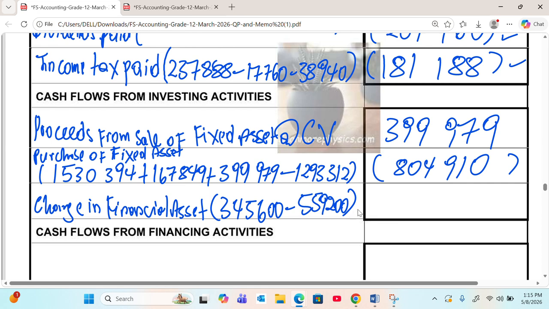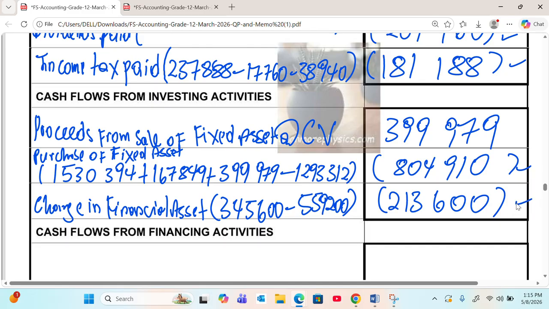This is an outflow because we're investing more money. How much is that outflow? 203,600. So what do you do now, guys? You take that positive amount from proceeds from sale of fixed assets minus the two amounts in brackets.